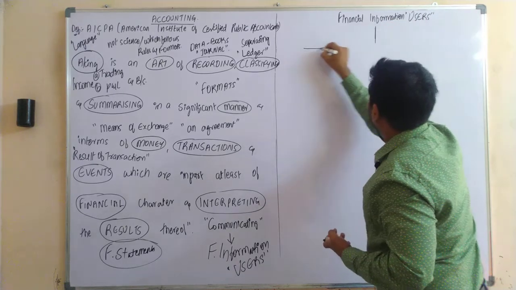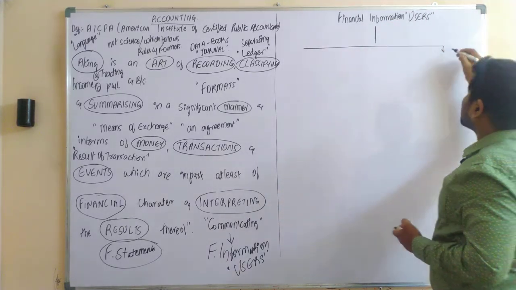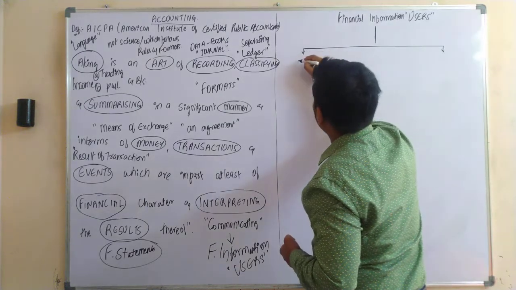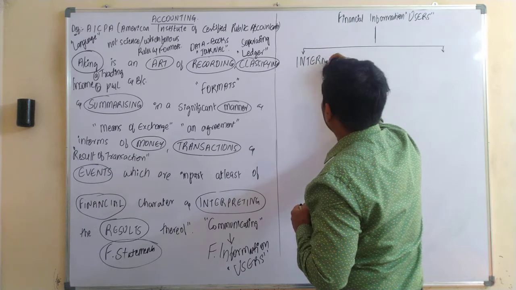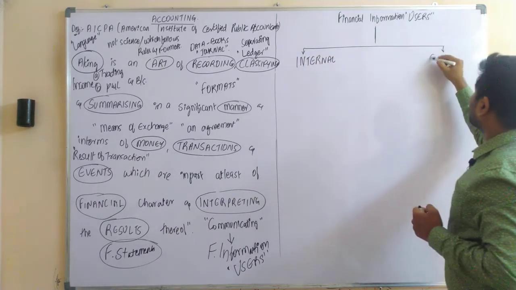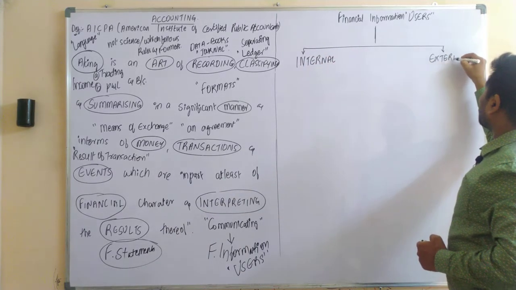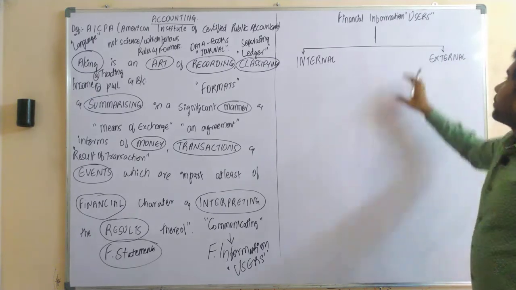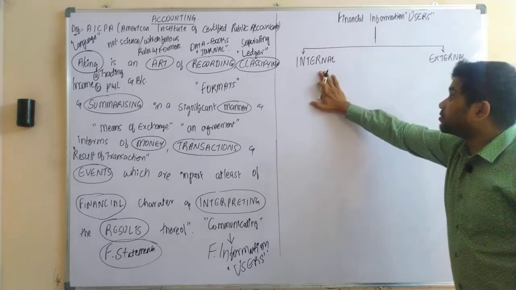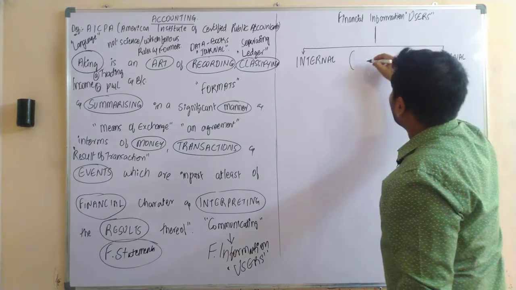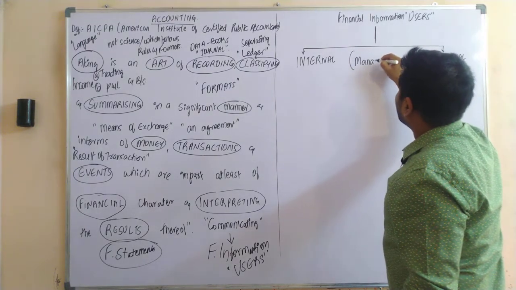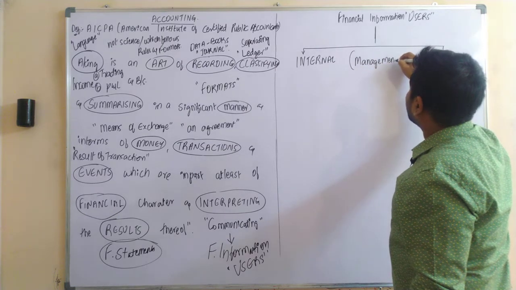Sir, who are our financial information users? Let us understand here. Your financial information users are classified into two categories, that is your internal and external users, from the point of view of management.